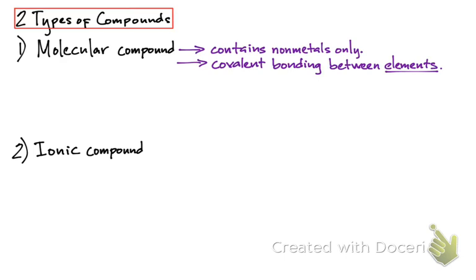And so a lot of these molecular compounds are composed of nonmetals only, so there's a lot of different types of nonmetals that you learned in the past. There's carbon, oxygen, nitrogen, fluorine. You have the halogens, the noble gases. These are all examples of nonmetals. And so when they react to each other and form a covalent bond, you have a molecule, right? A molecular compound. So carbon dioxide is an example, water, methane, CH4, and even alcohols like ethanol.